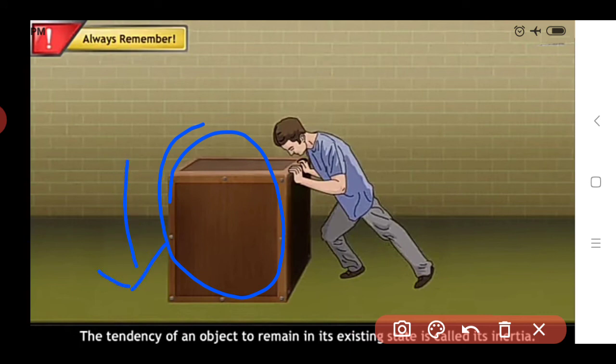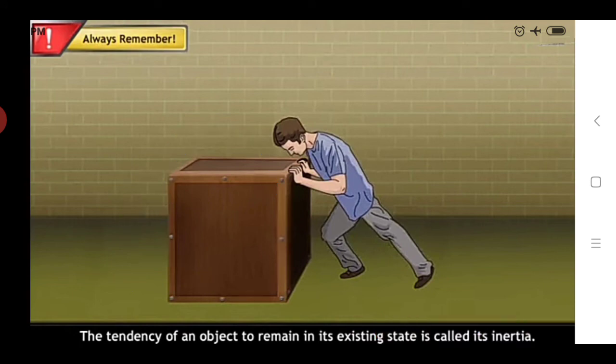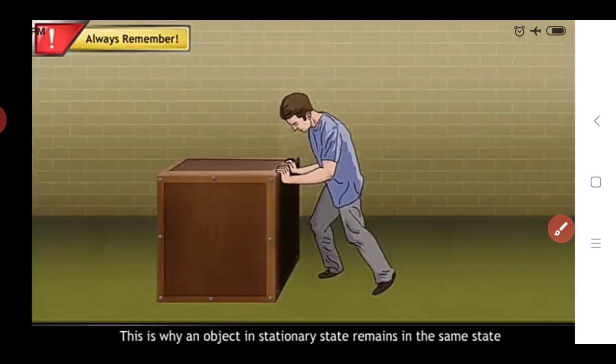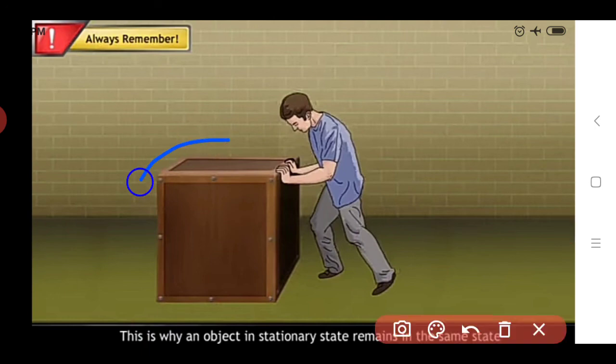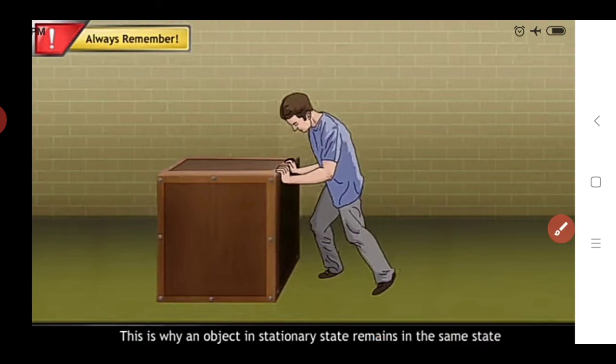Such a tendency of that object is called inertia. Due to this inertia, an object in a stationary state remains as it is.